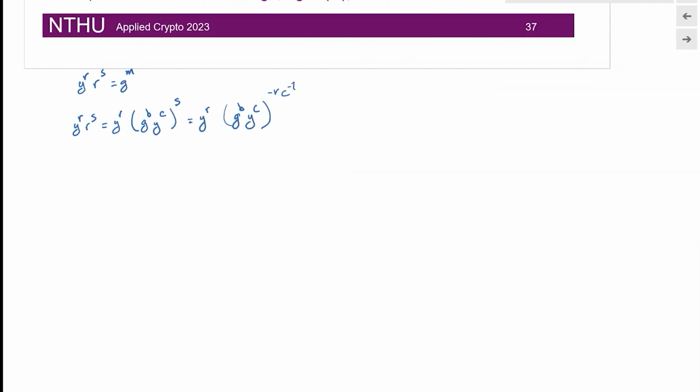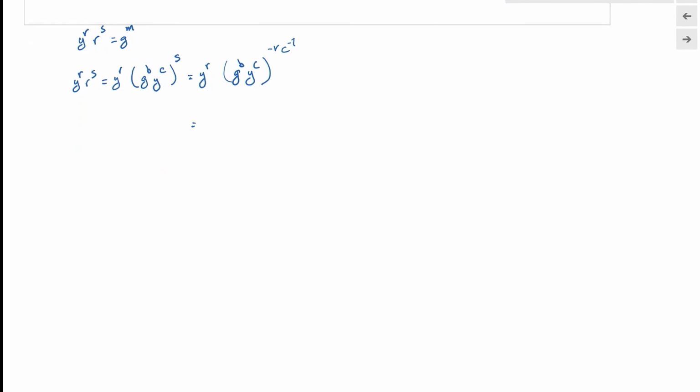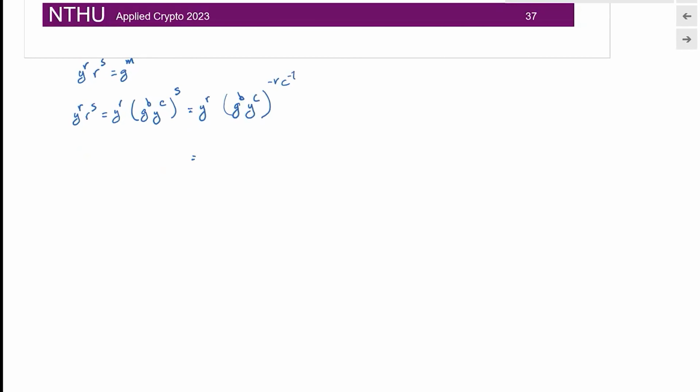Right? So if we continue from here, we know that Y equals G to the X. So to the power R, we get G to the RX. And then we multiply. Let's put this together. We get G to the power minus B R C inverse.